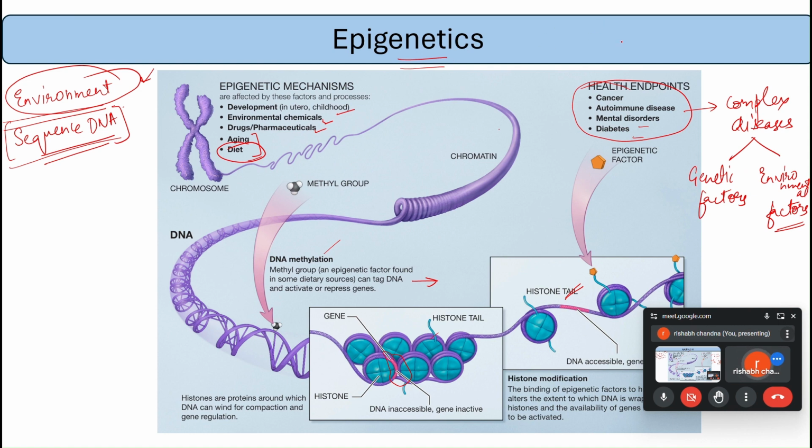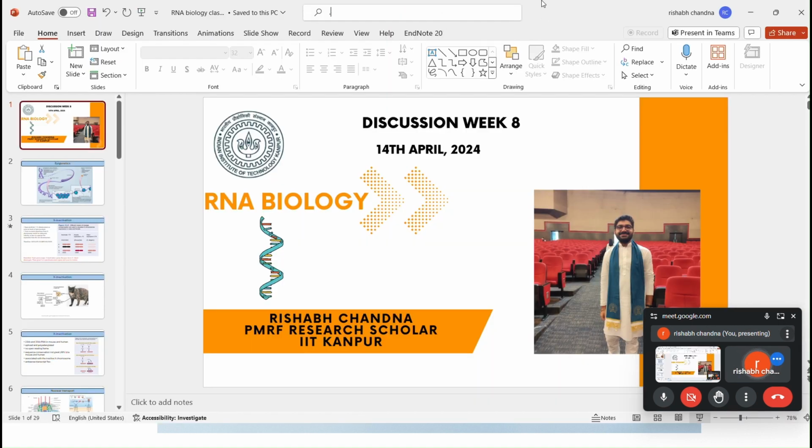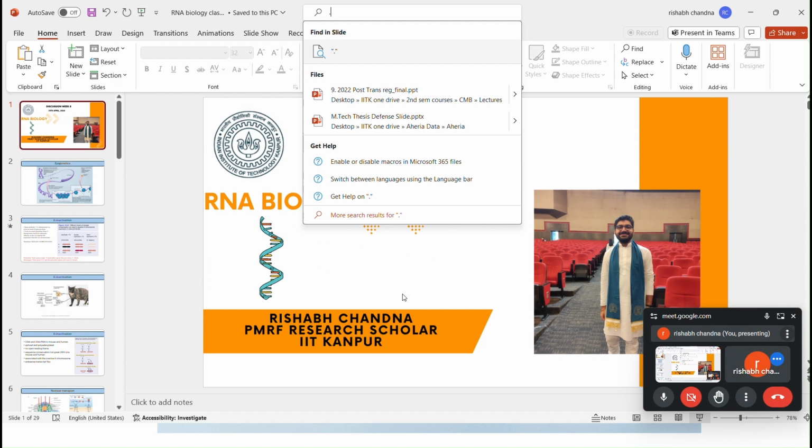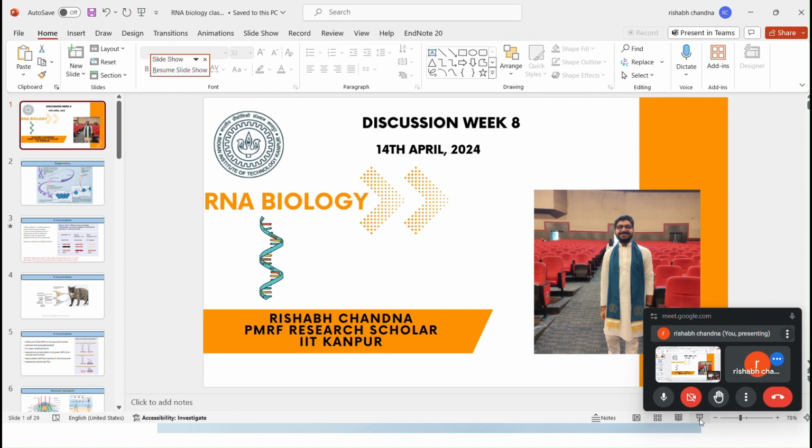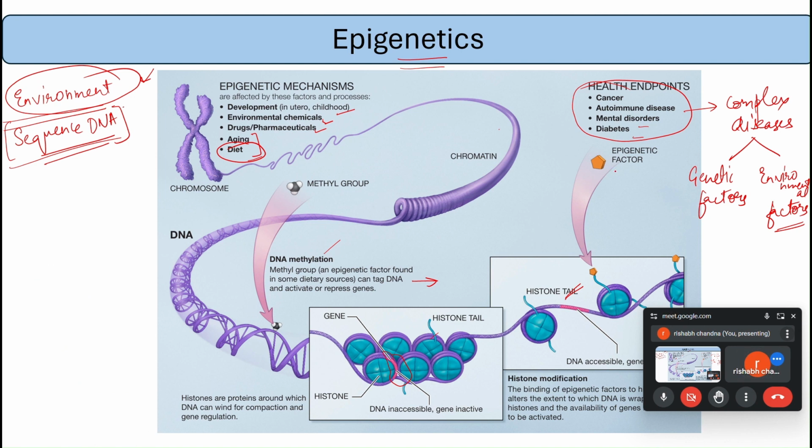And epigenetic changes involve histone modification, DNA modification, and the use of lncRNAs or microRNAs for gene regulation. These are the things that we studied yesterday that are involved in epigenetics.